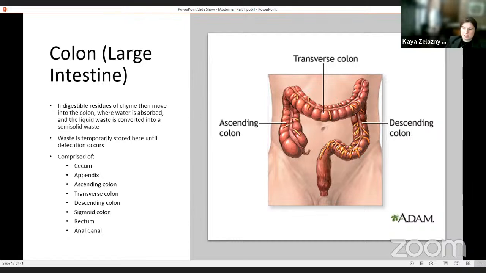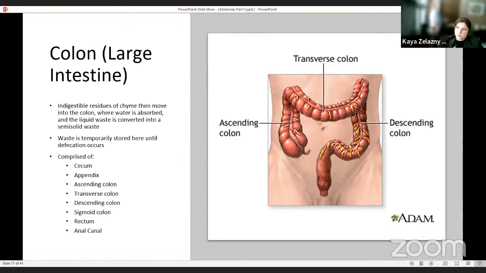So we're really just moving fluid and solidified materials along here. And we're also going to be absorbing some more water as we move along. Okay, so we're going to be converting a more liquidy kind of waste into a semi-solid waste as we move through the colon. We're also going to be storing waste products temporarily here in the colon until defecation, right?